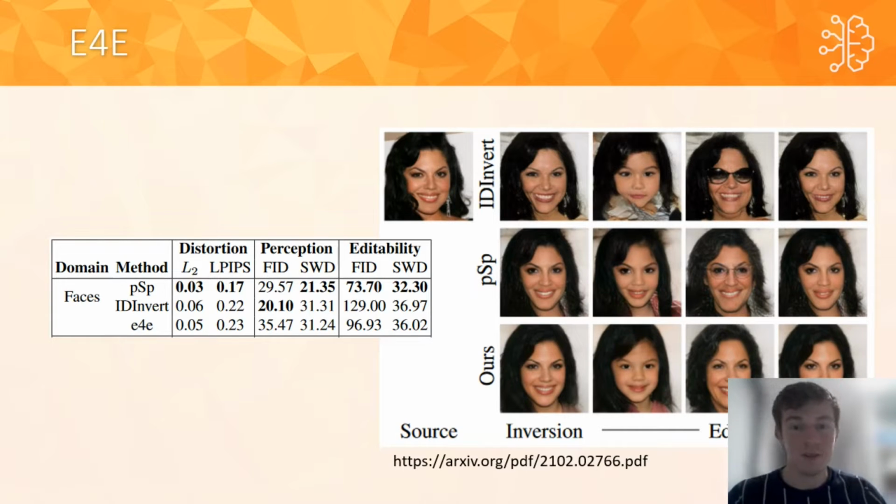But when we look at the images, we found out that even though they have worse metric values, their inversion and their editings produce better images. So it shows that the metrics we usually use are not completely useful, and do not completely reflect human perception judgment.